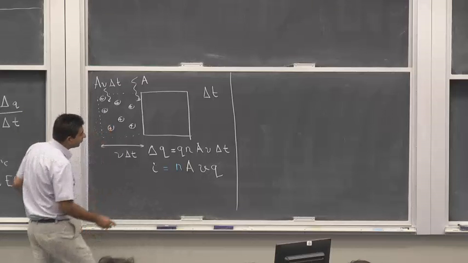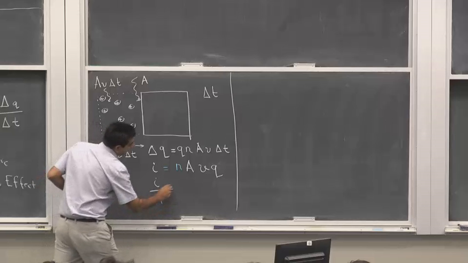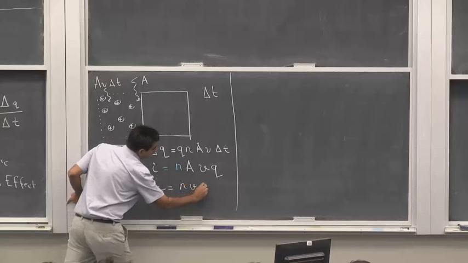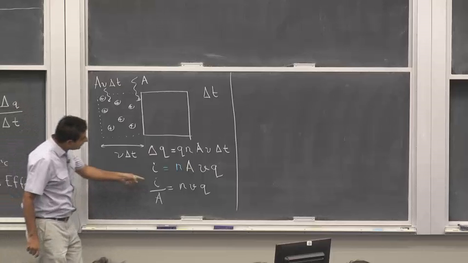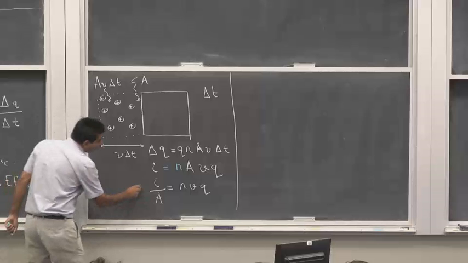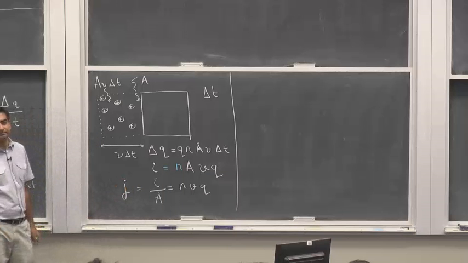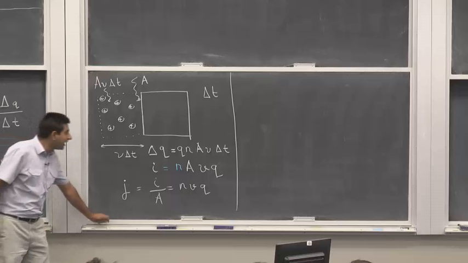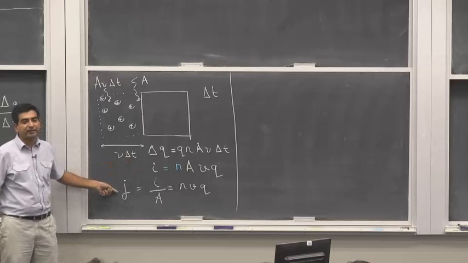And I could also do another identification. I can take this A to the other side, n v Q. This is current per unit area. And I can call this the current density, and I denote this by J. So now I have two kinds of relationships for the current and for the current density.